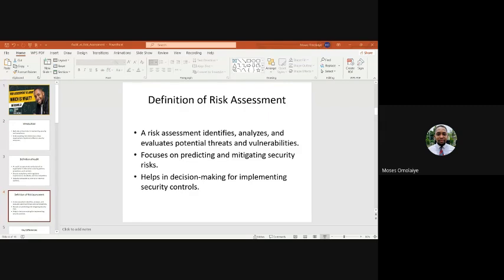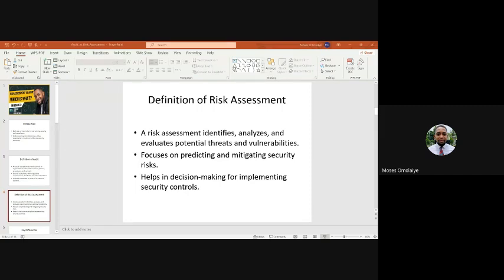Now, what's the frequency? Nobody can decide that for an organization, but it should be done periodically. A lot of people do it annually. If your business entails you to do it biannually, by all means do that, but it has to be done periodically, at least annually. However, the risk assessment is like a never-ending story.